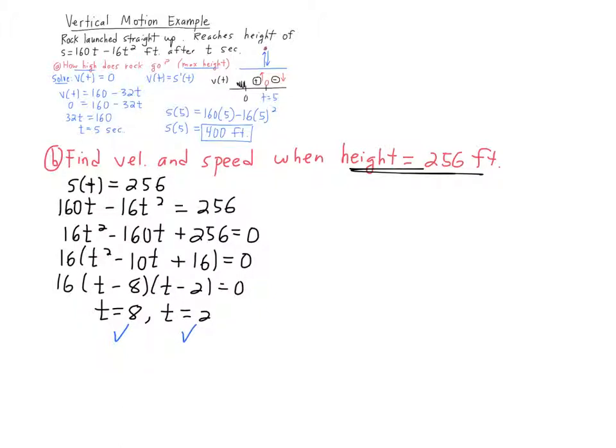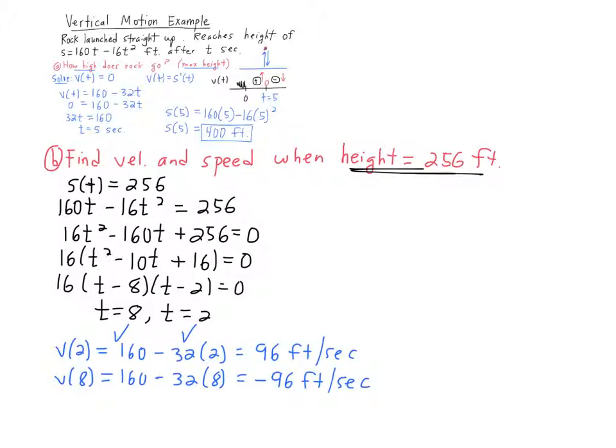But we want the velocity and the speed when that happens. So first we need to find the velocity at each of these points. We're going to plug into our velocity equation from up above. When we do our substitution for v of t, this is when it's on its way up, we have 96 feet per second, and for v of 8, negative 96.